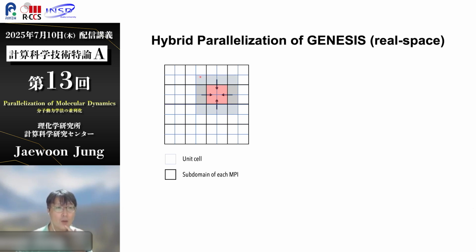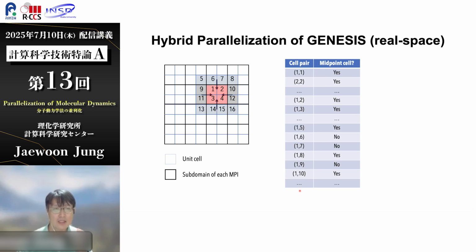And for the upper region, we communicate with the upper regions. Each MPI has the data of its own subspace and the additional upper region. And we can calculate.